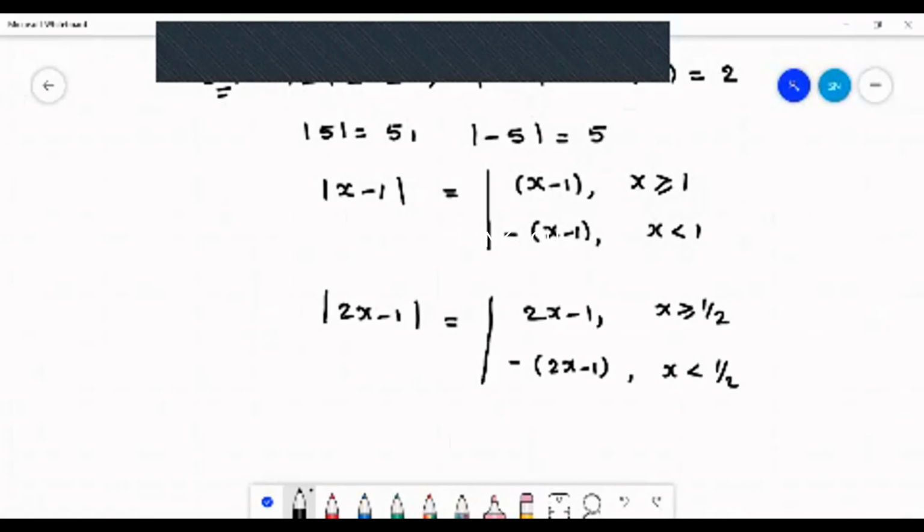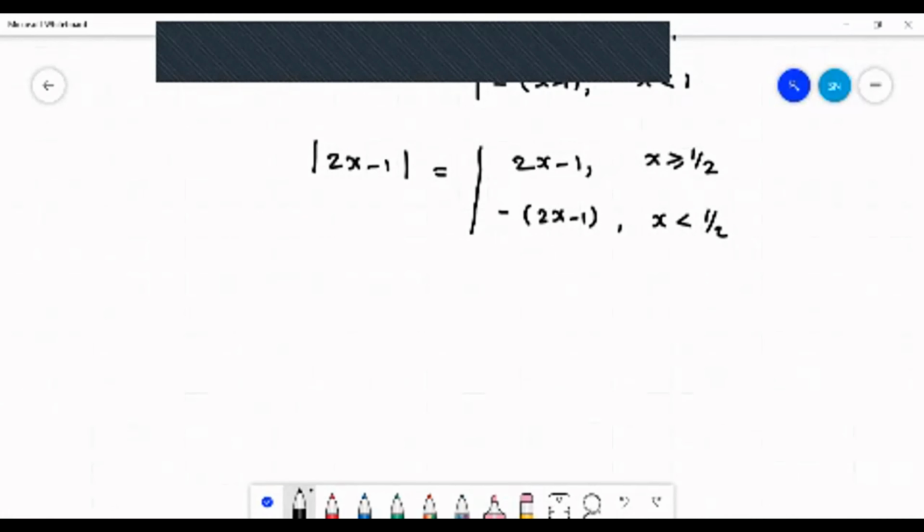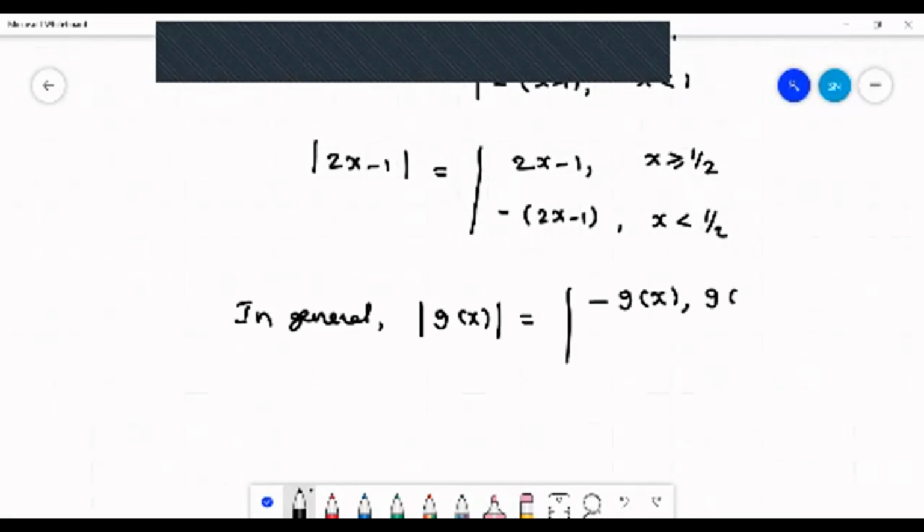So in general, if g of x is any function, modulus of g of x is equal to minus g of x provided g of x is less than 0, and g of x when g of x is greater than or equal to 0.